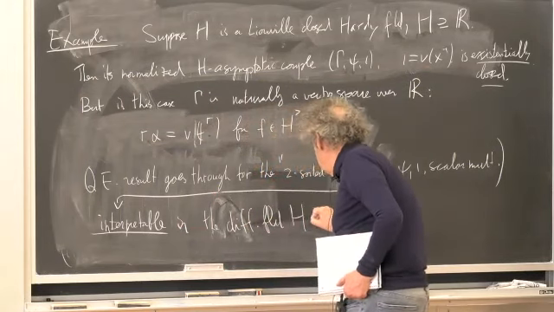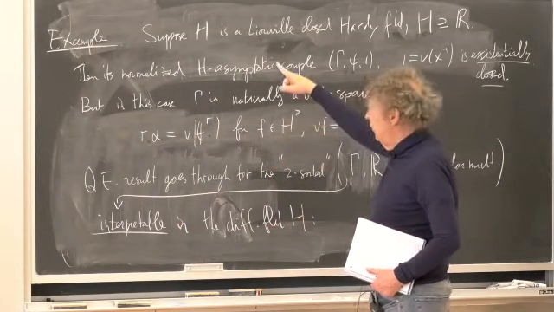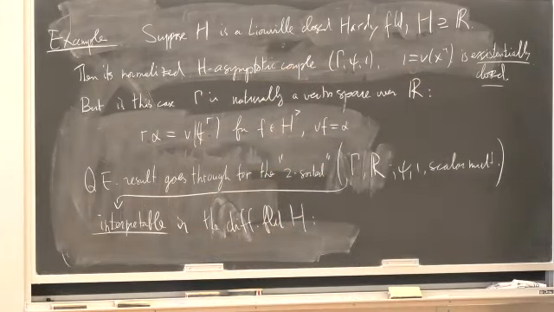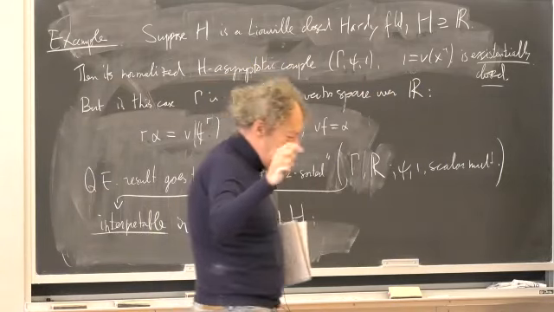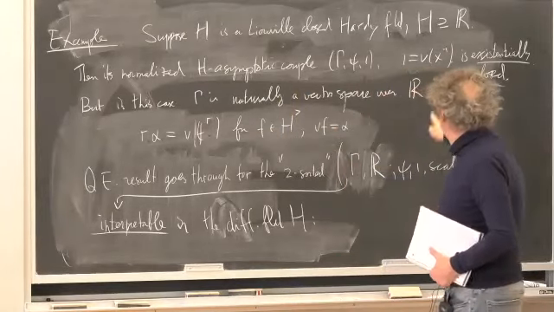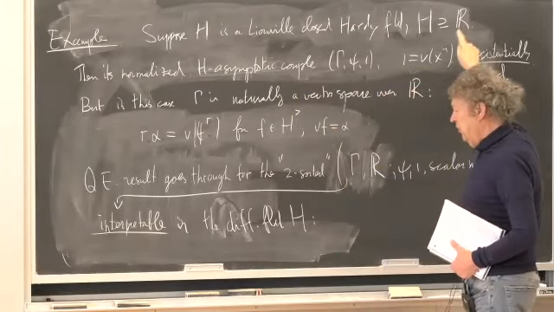Why is that? Well, first of all, since H is Liouville closed, the ordering is already definable, and then the valuation ring is definable as the things that are bounded in absolute value by a constant. The constants are exactly the real numbers.